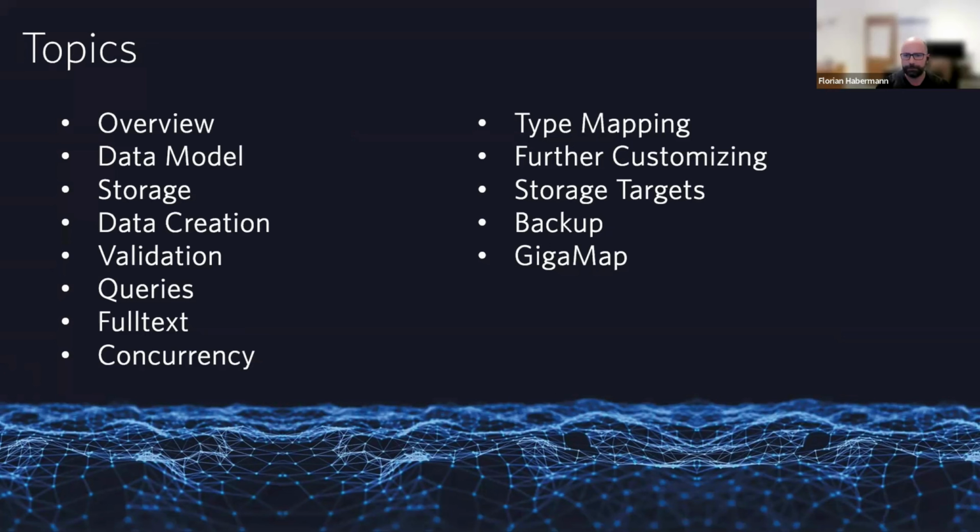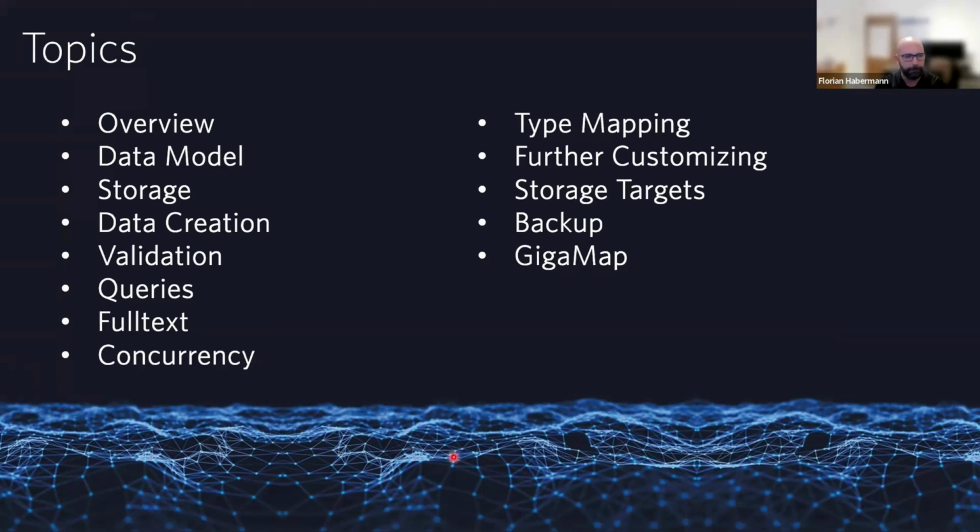I just put it in the chat. So this is the repository I'm using, and we'll go through the topics branch by branch, and we'll cover the following points step by step.